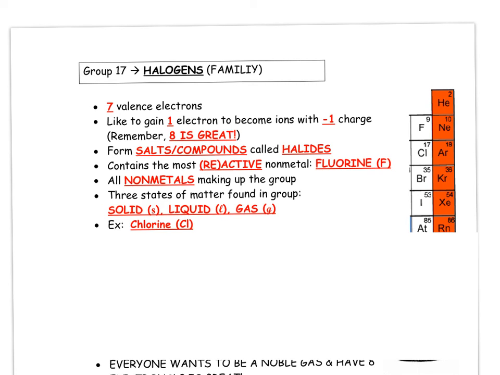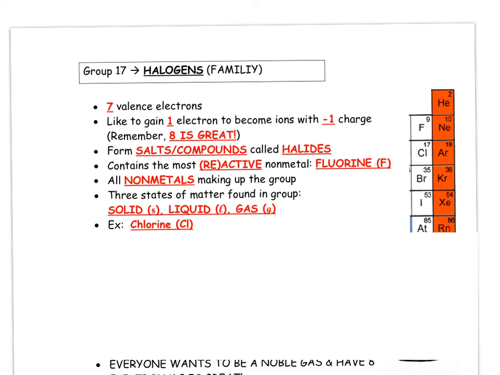So, very last thing that I want to say is make sure that you're familiar with what a period is, what a group is. At the end of this, you should be able to tell me the names of all of the groups: group 1, 2, 3 through 12, 13, 14, 15, and 16, which are the boron, carbon, nitrogen, oxygen group. They kind of don't have their own formal names. 17, which is the halogens, and 18 are the noble gases. You should also be able to tell me some general properties about each one of those groups.